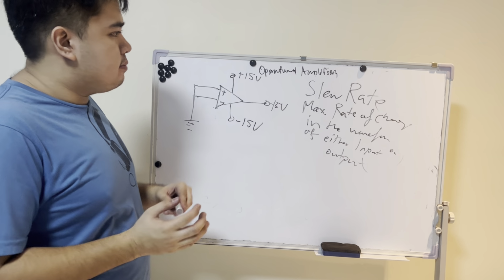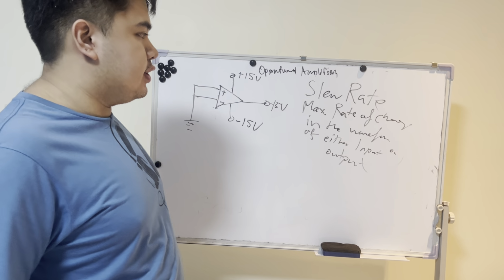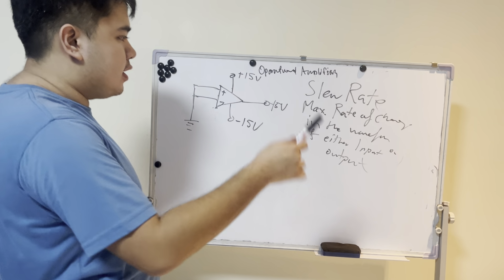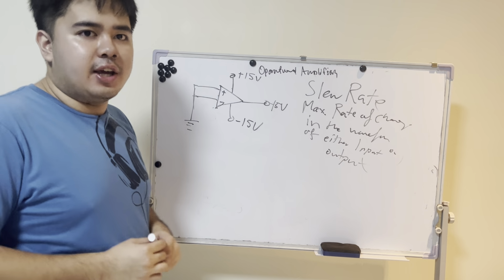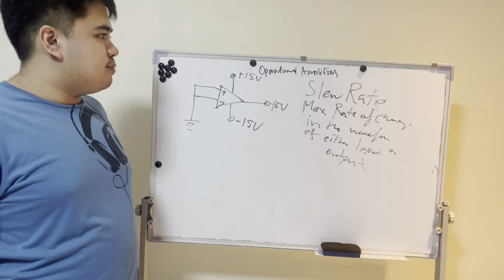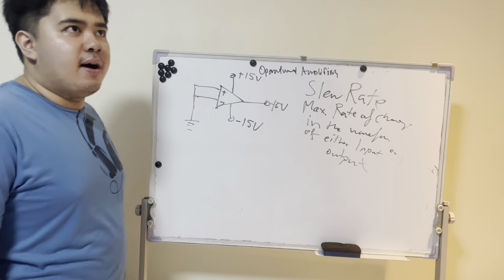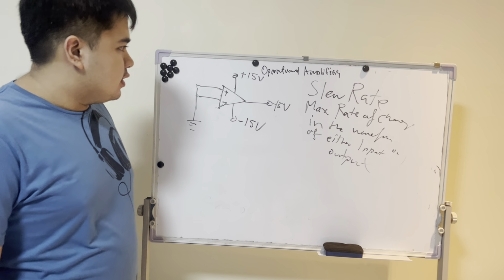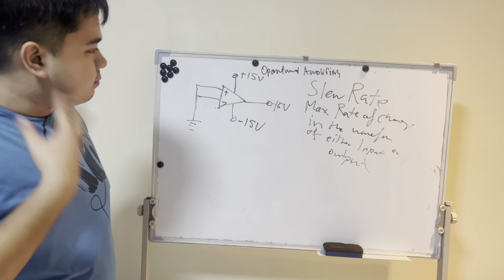So there is a maximum rate of change in either the input or the output. By rate of change, I think we all know what that is. That is the derivative. There must be a certain maximum value for the derivative. So how can we find that?